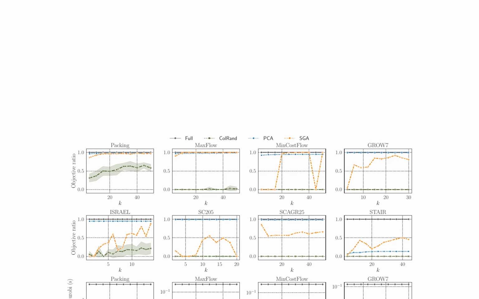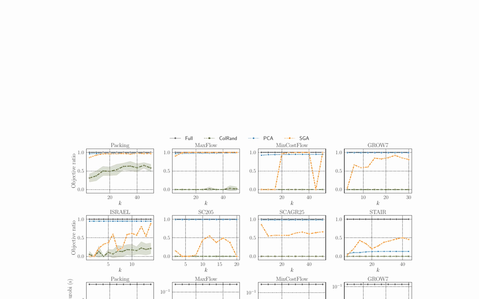The authors extend their experimental results by investigating the performance of the proposed algorithm, SGA, when initialized with column randomization, kernel rand, instead of principal component analysis, PCA. They provide a comprehensive comparison of SGA's objective ratio across various problem instances, including packing, maxflow, min-cost flow, GROW7, Israel, SC205, SCAGR25, and STAIR.